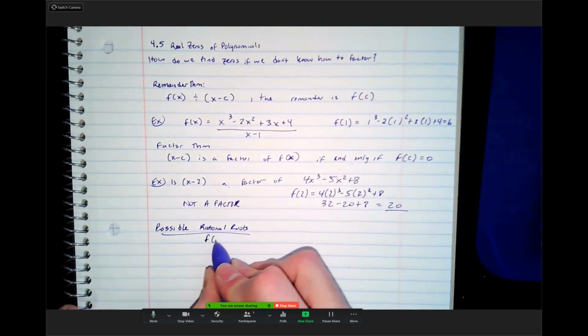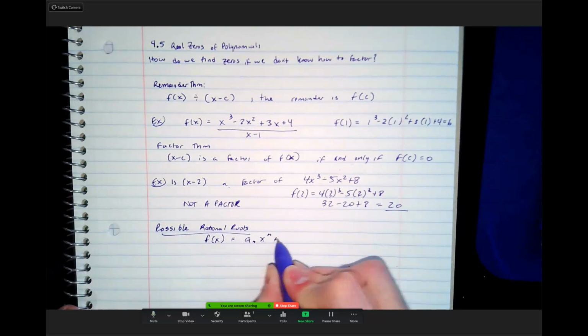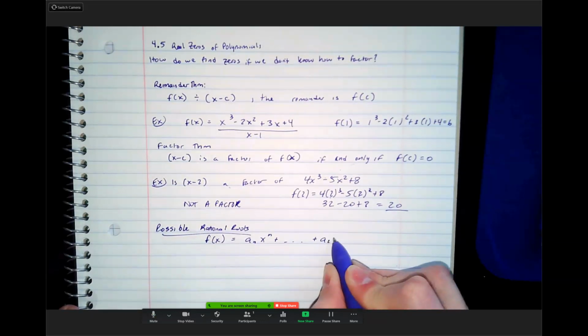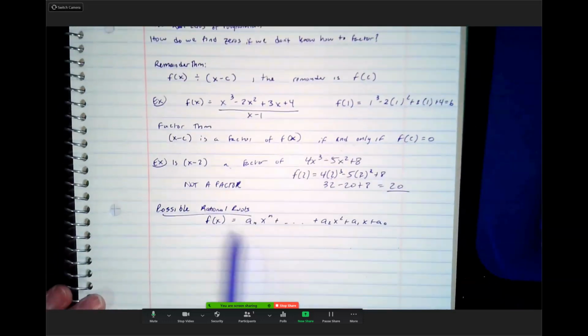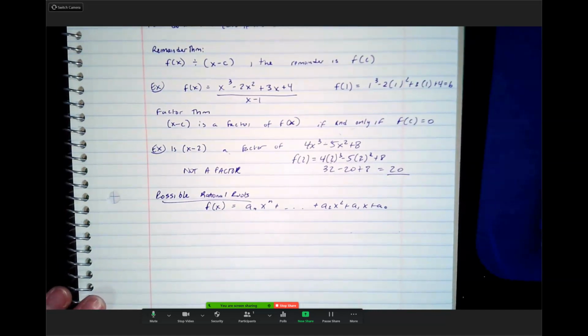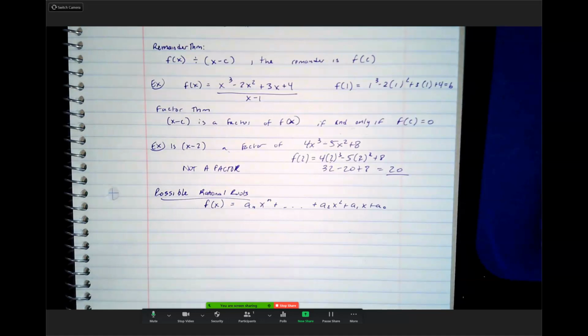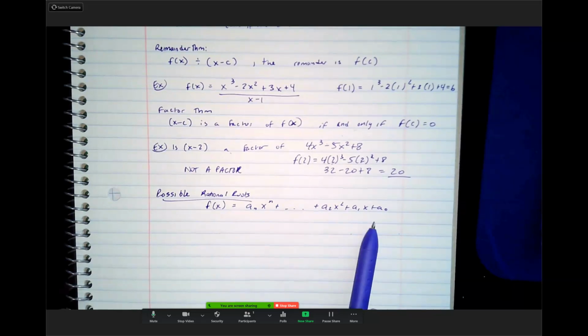If you have a polynomial in the general form, how can you tell just by looking at it what the possible nicer roots are? When I say nicer, I mean whole numbers or fractions that you can come up with. How can you tell just by looking at a polynomial?